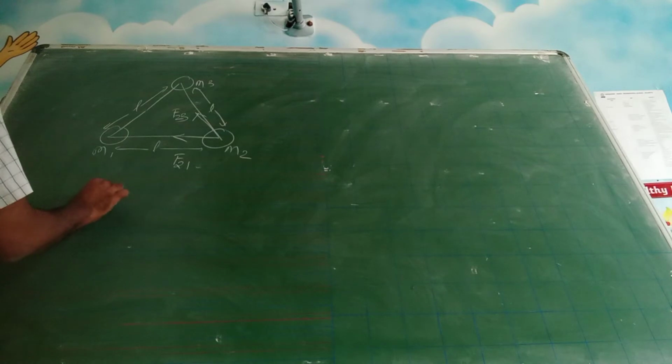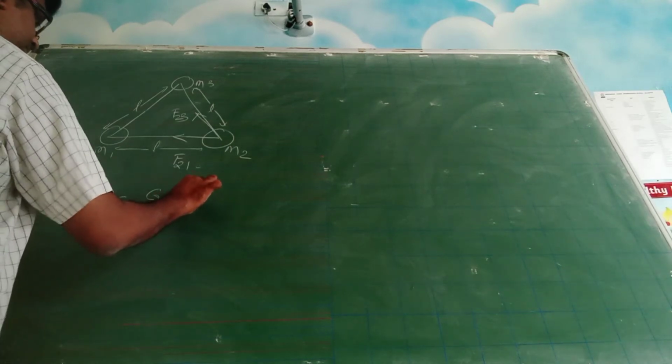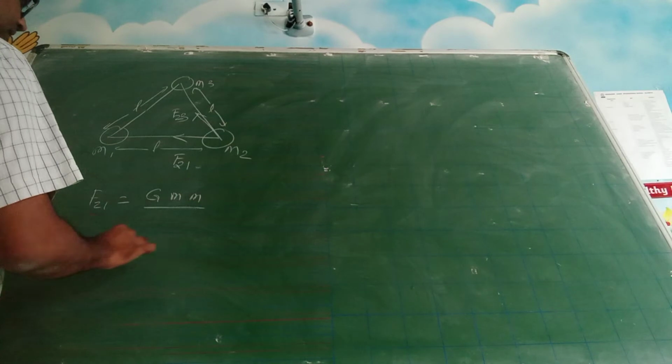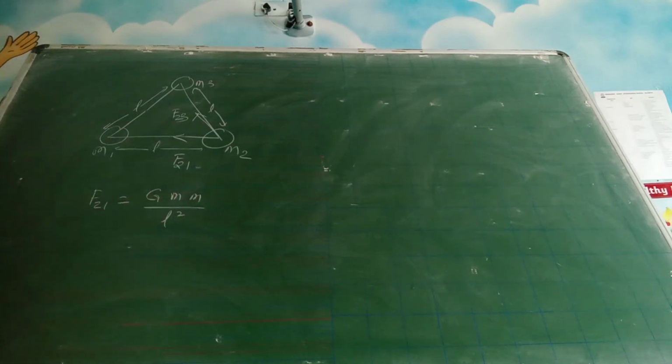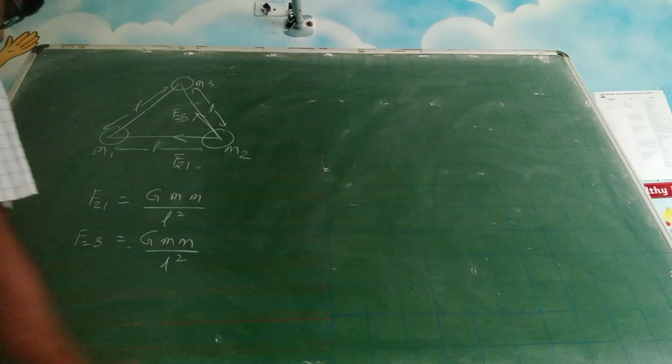So what is the value of F21? I am just writing the magnitude part. So it is G M1 M2 divided by L square. Similarly, F23 is G M1 M2 by L square.